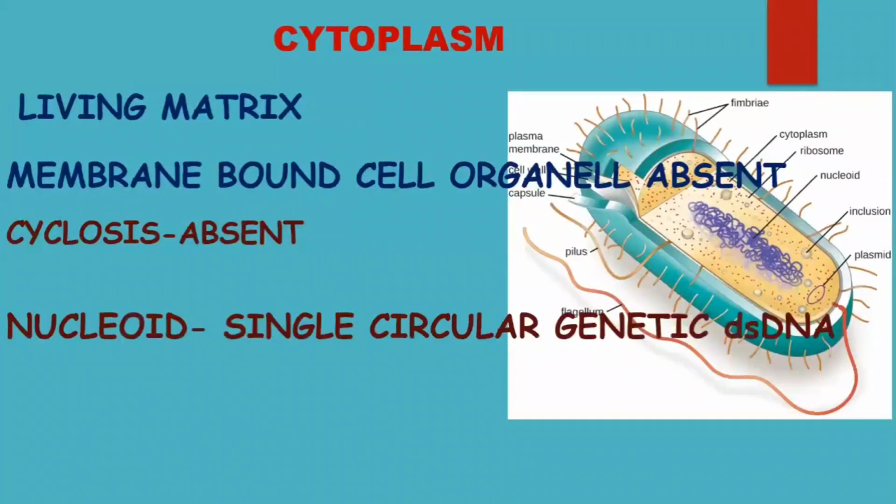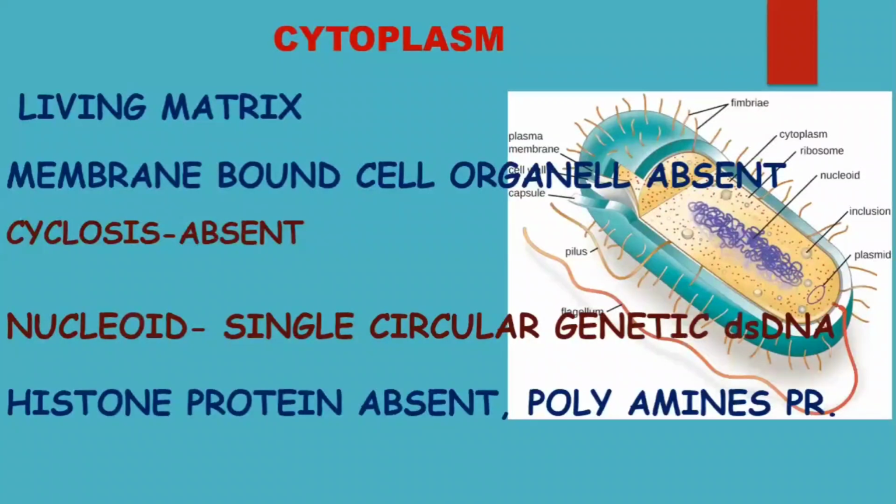Nucleoid, I told you, it's a single circular genetic DNA, which is double stranded DNA. So nucleoid is a single circular genetic double stranded DNA. We also call it chromosomal DNA. It is not associated with histone protein. So histone protein is absent, but remember it shows the presence of polyamines.